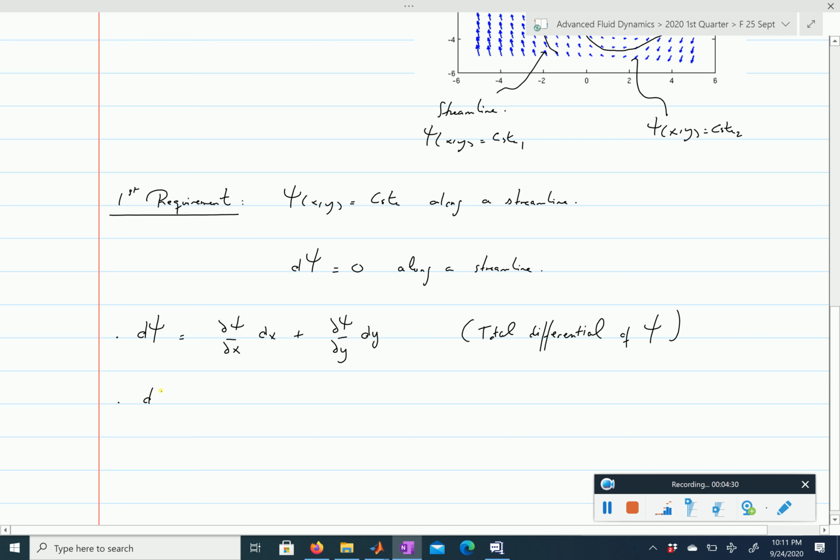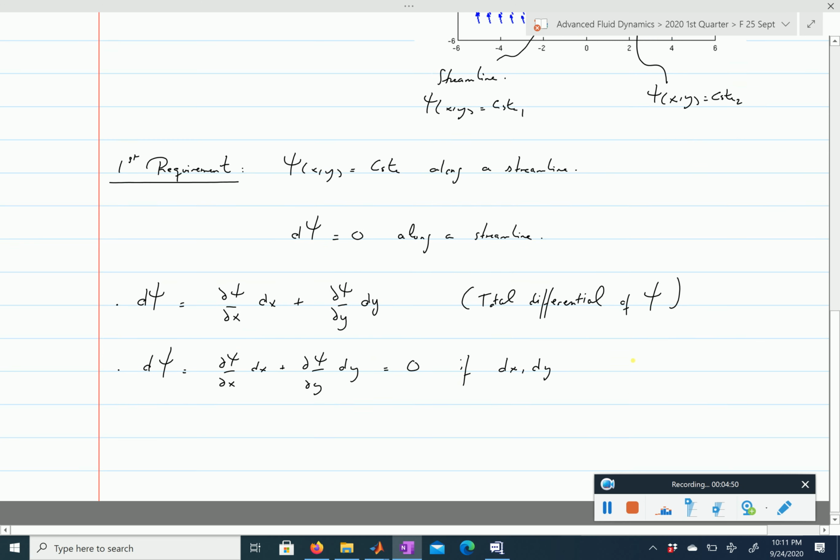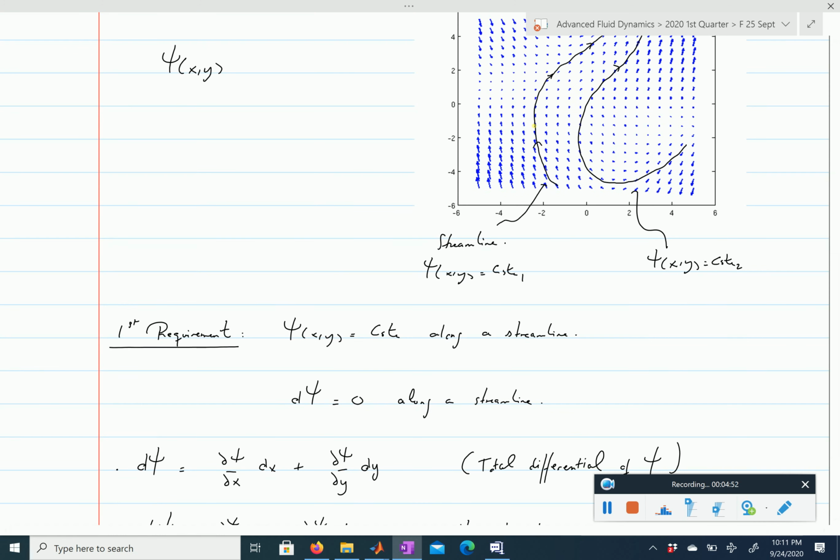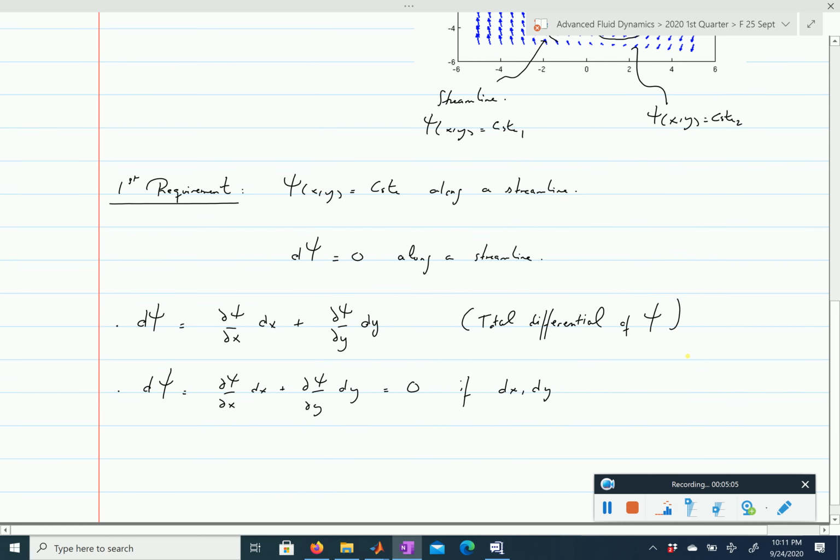So what we want is that d psi equals partial psi partial x dx plus partial psi partial y dy equals 0 if dx and dy are no longer independent, of course, but if the value of our function shouldn't change when dx and dy are moving along a streamline.